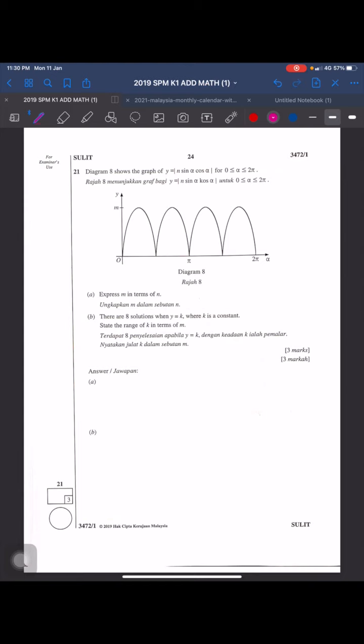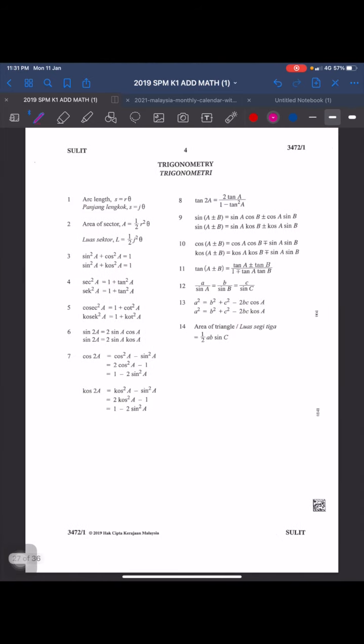Bentuk ini lebih kurang dengan satu bentuk dalam senarai identity. Cuba tengok number 6. Di sini kita ada 2 sin A cos A equals to sin 2A.